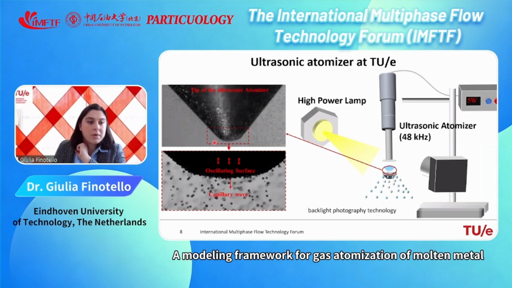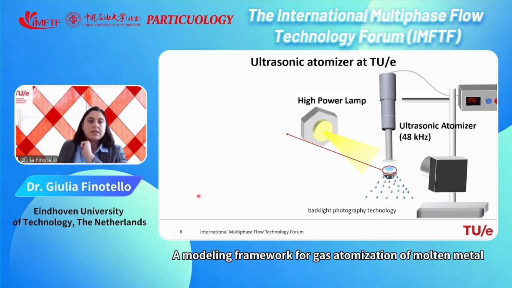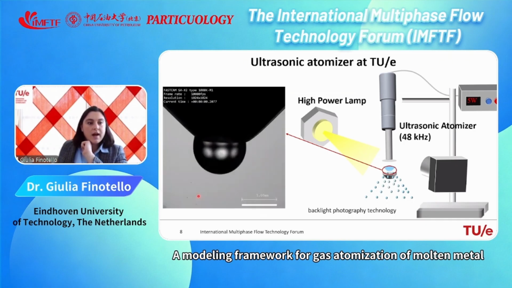And if we zoom in even more to the very tip of our nozzle, you see that capillary waves are formed on the interface of our liquid layer, and this is water, and droplets are detached. And I have here a nice video that shows this mechanism a little bit better.